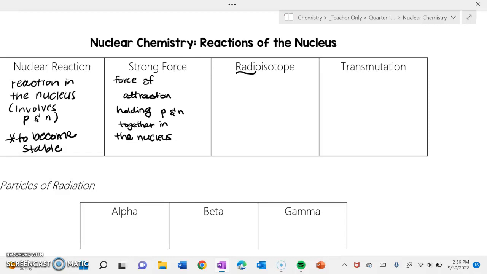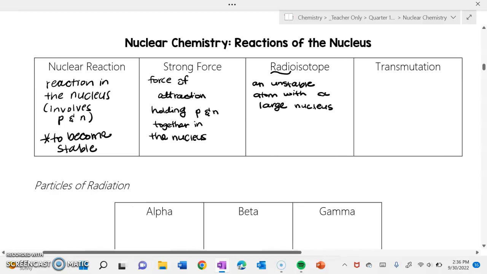So a radioisotope is an unstable atom with a large nucleus. As we talked about earlier, they're going to try to become stable by getting rid of protons and neutrons and just becoming a little bit smaller.